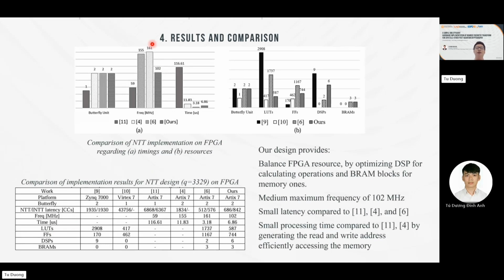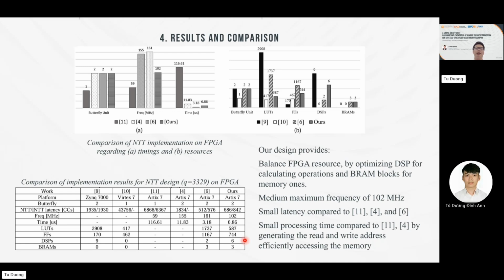So let's go to the comparison with the previous work. The table here shows the comparison. Let's look at the FPGA result first. Because we utilize the DSP for the integer multiplier, we reduce the number of lookup tables and flip-flops that we use.